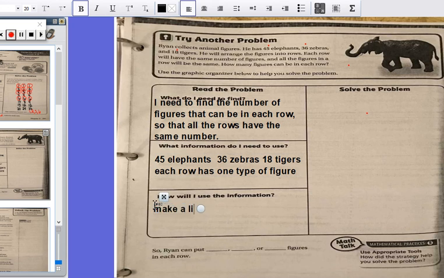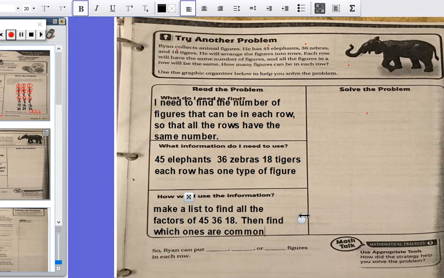Then how will I use the information? Make a list to find all the factors of 45, 36, and 18. And then you just have to find which ones are common factors.